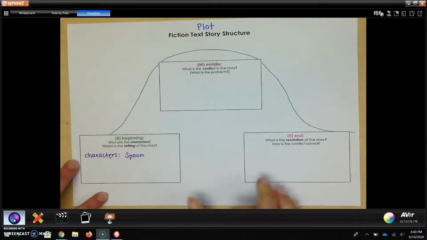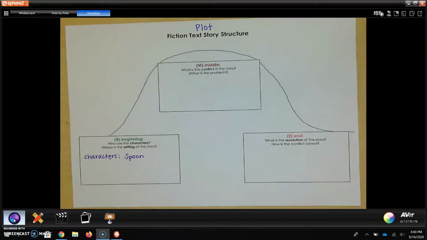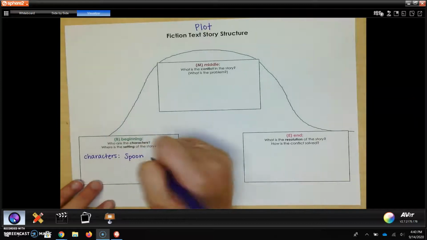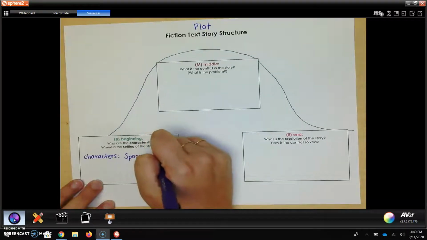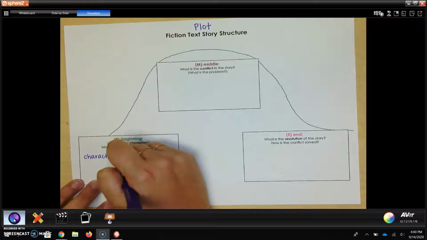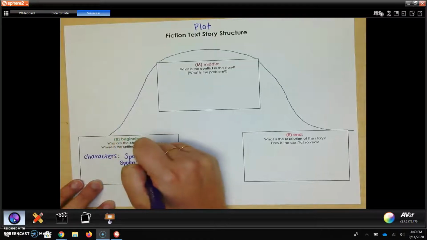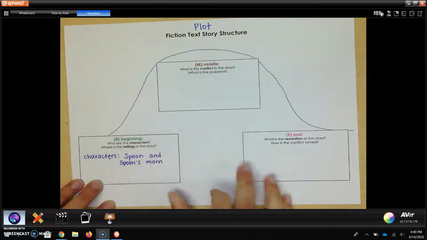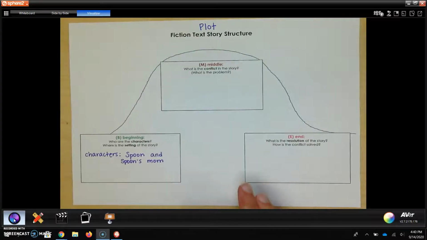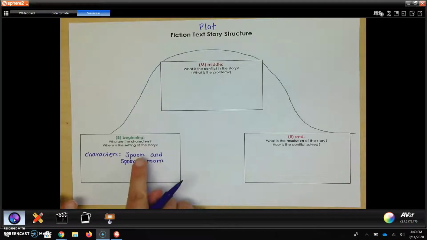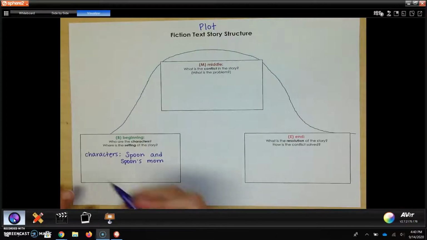And a lot of times in stories, there is one main character or there might be more. And in this one, we know that the main characters were Spoon and Spoon's mom. We also know that Knife and Fork and Chopsticks were other characters, but the main focus was on Spoon and Spoon's mom.